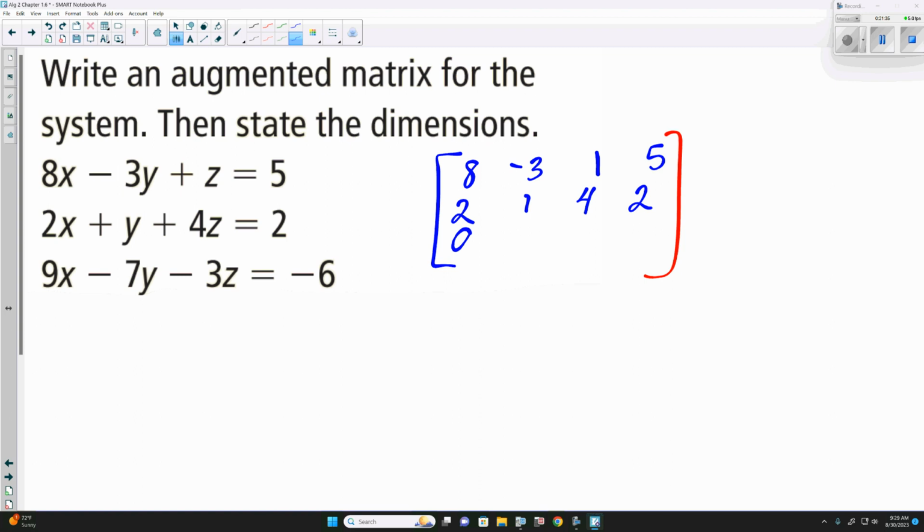Last one. And this is a? Okay. Questions on any of this here? Do we feel comfortable doing these here? Okay. We're going to move on to the next part.